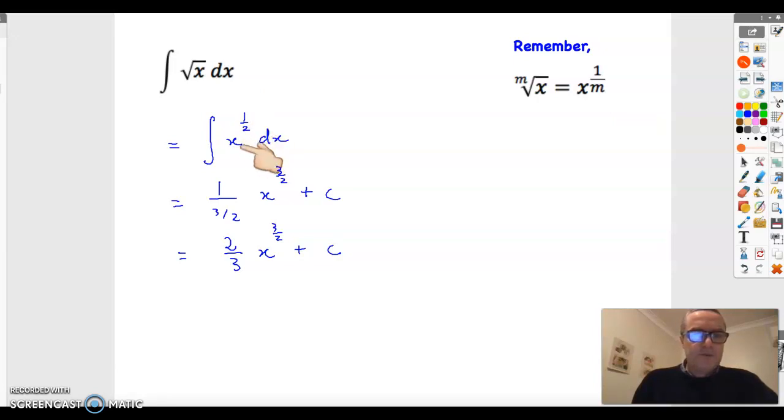So we've got the integral of x to the power of n plus 1 becomes 3 over 2, 3 halves. And our 1 over n plus 1 is 1 over 3 over 2, which we're going to use the reciprocal of that denominator, which is just 2/3. So we've got 2/3 x to the power of 3 over 2 plus c.